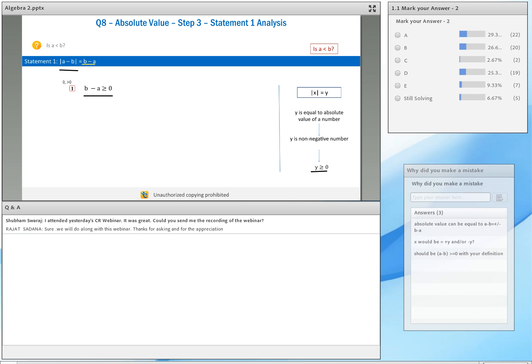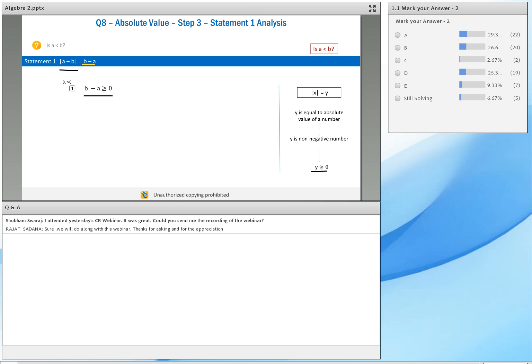All right. I want you to look at this equation again. And let's swap the right and left.